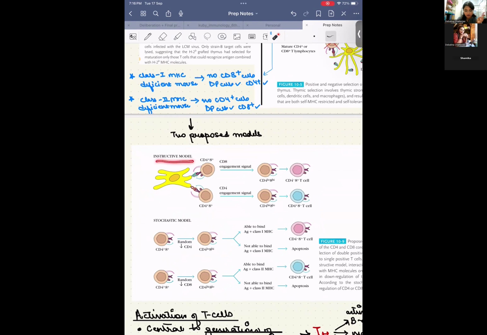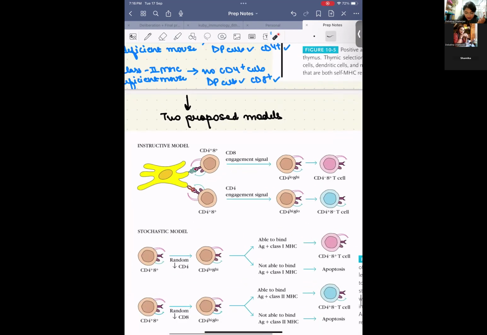One is the instructive model, where the binding of a double positive cell by an MHC1 molecule is going to give a signal which is called the CD8 engagement signal. Why so? Because binding of MHC1 is only favored by the CD8 co-receptor.